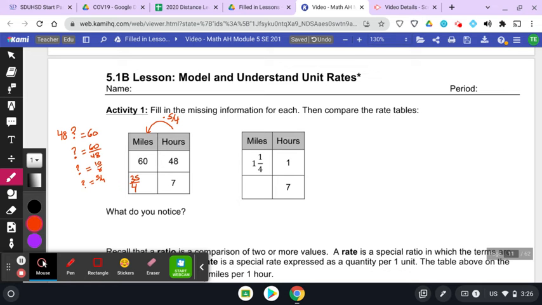Okay, here, when I see improper, I'm going to change, or when I see mixed, I'm going to change it to proper. This one's already giving it to me. This one's easier to work with. This is actually the same information. It's just because they gave me a unit, it was easier to work with.